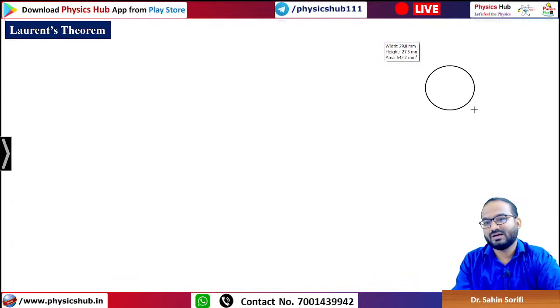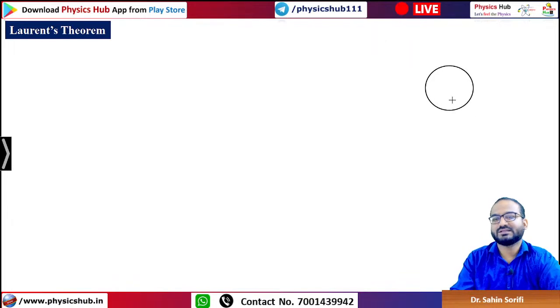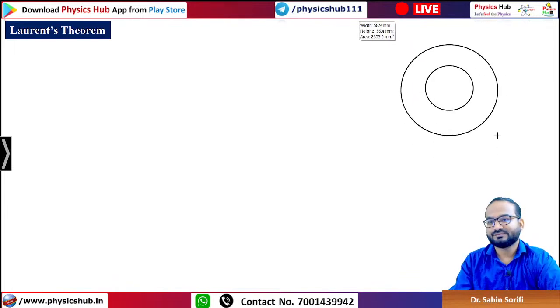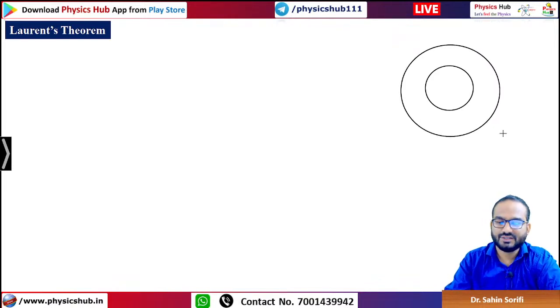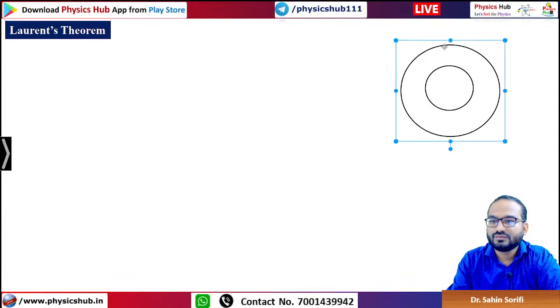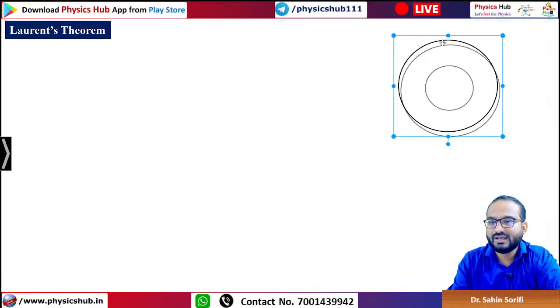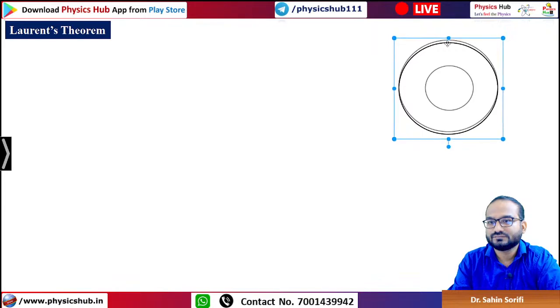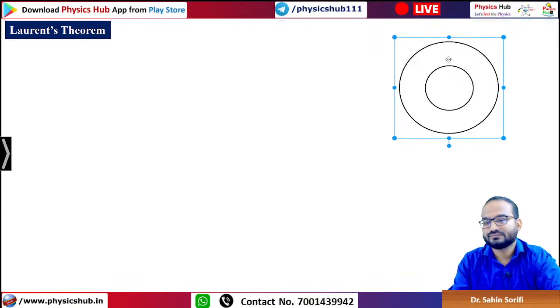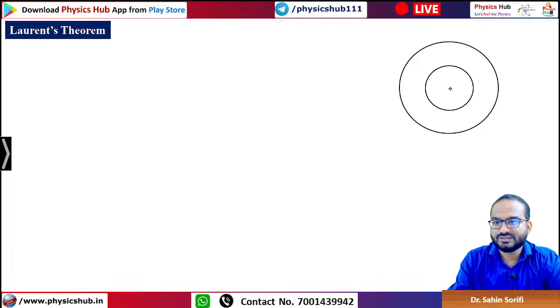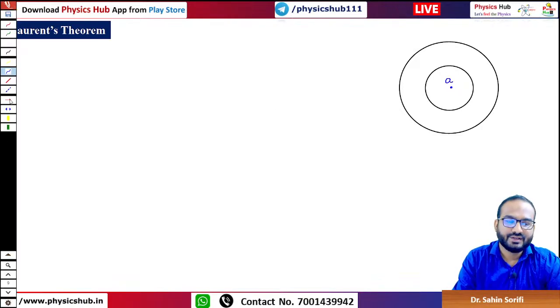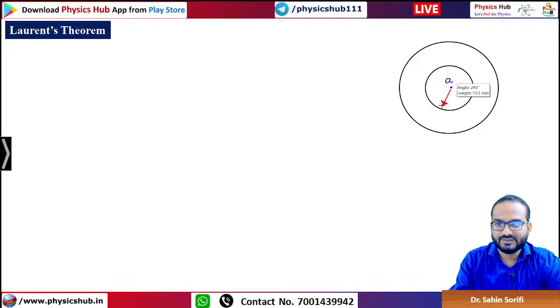How is that? Let's say we have an inner circle like this, an outer circle like this. So your function will be analytic within the annular region. Let's say you have concentric circles having center at x equals a, and the inner radius is r1 and outer radius is r2.